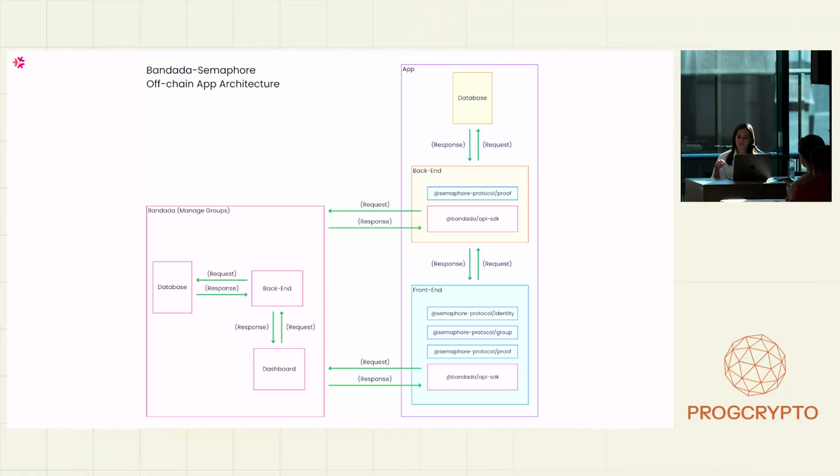And then you will also have the proof package that is used to generate the proof too. And also the Bandada API SDK to get data from your groups. The front end is connected to the backend to get data, and the backend to the database the same to get the data too. And so yeah, I will show you with code and the real application.